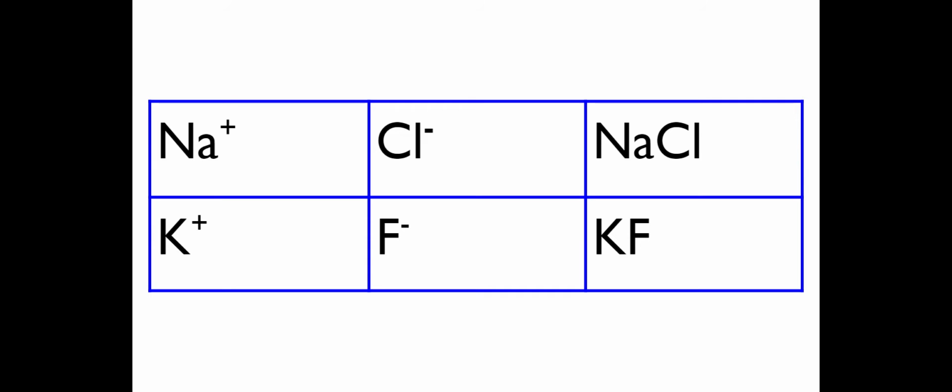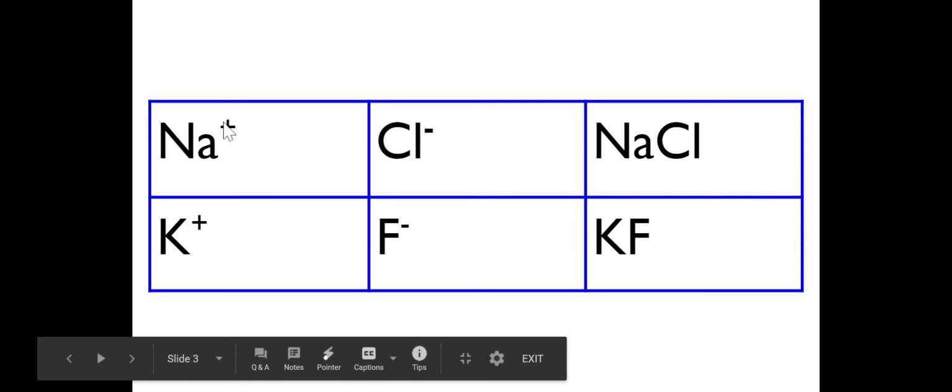For example, when sodium, which is a typical metal, reacts with chlorine, they form an ionic compound. Sodium gave away 1 electron, chlorine received 1. Sodium becomes a positive 1 charge, chlorine becomes a negative 1 charge.